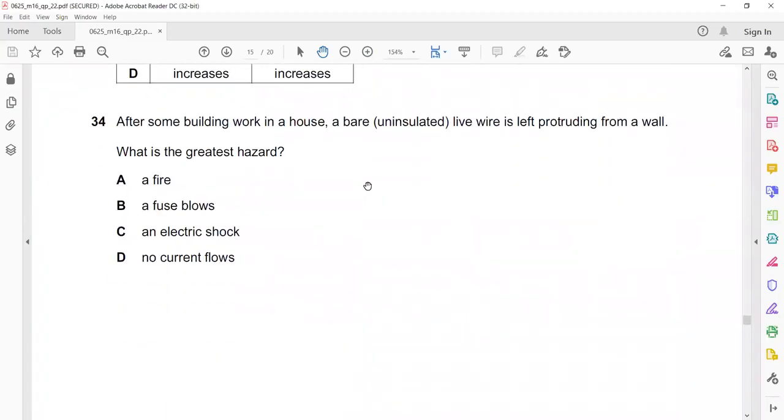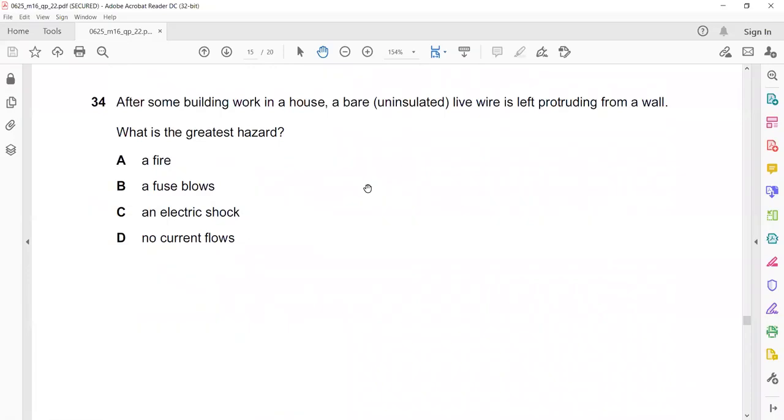Question 34. After some building work in a house, a bare uninsulated live wire is left protruding from a wall. What is the greatest hazard? What is the risk if a live wire is there?